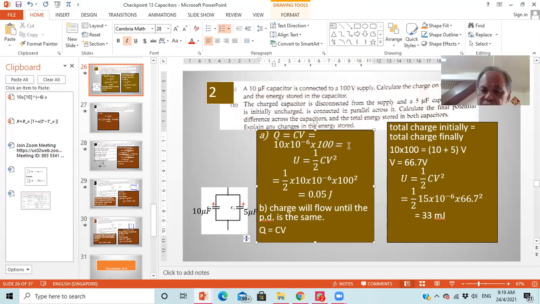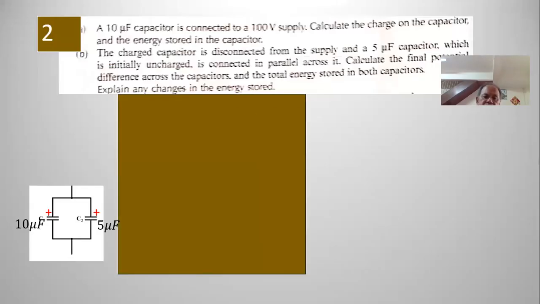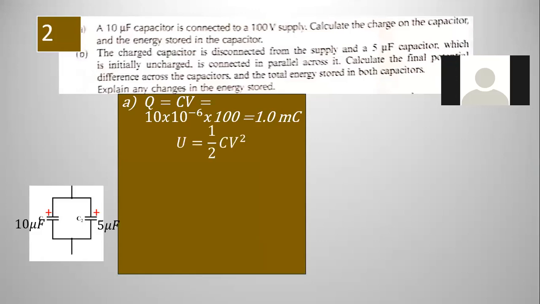So it's 1.0 millicoulomb. That's all. Okay with that? Yeah, okay. Second part is a bit more difficult.